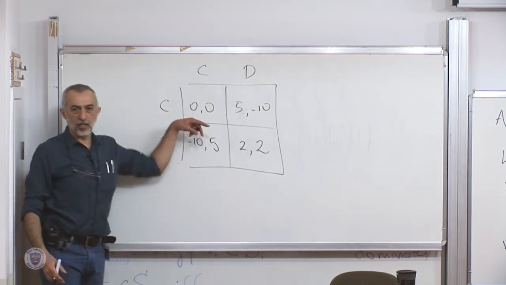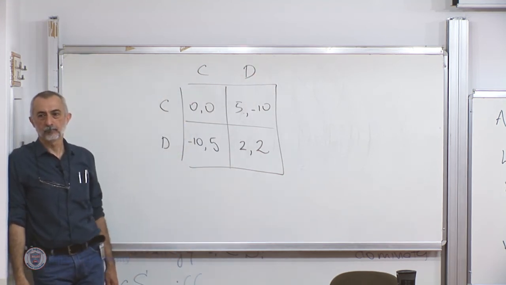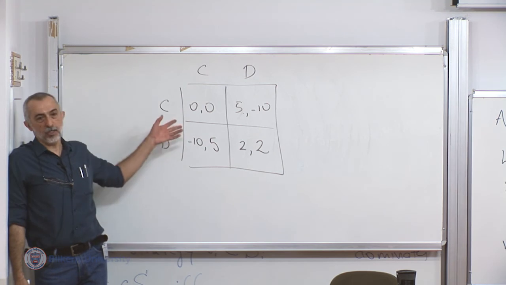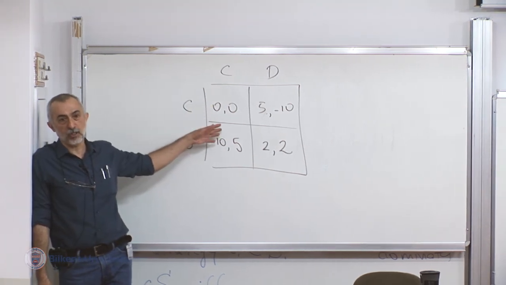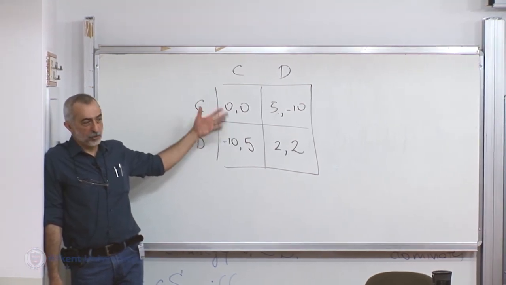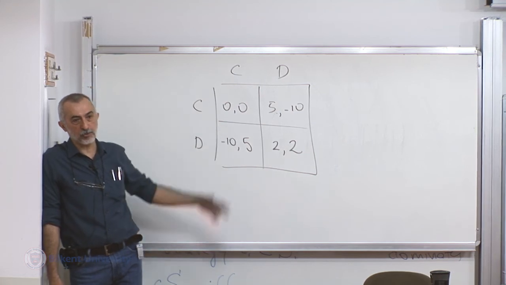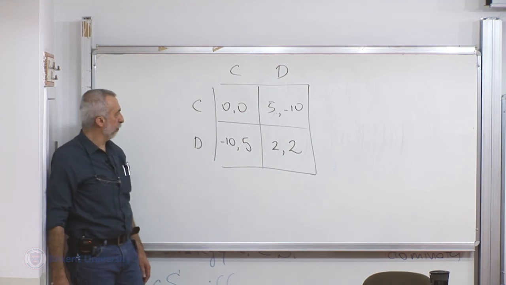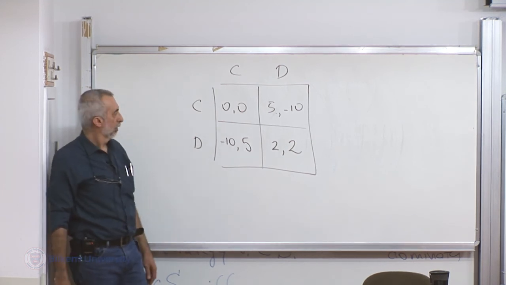By the way, does this game ring a bell? Is it familiar? It's exactly the prisoner's dilemma game. All we did is just use a different numerical representation. Okay? But it's the prisoner's dilemma game. The preferences are the same. For player 1, CC is preferred to DC. Okay?